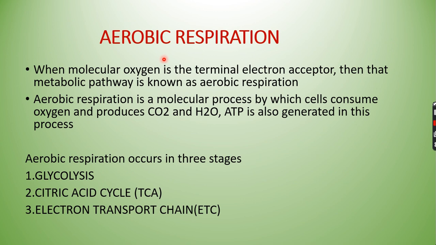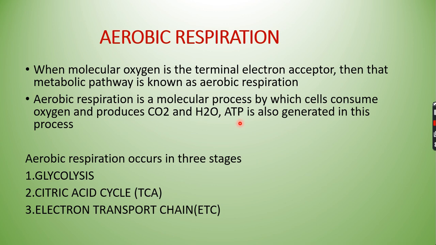As I told you, when molecular oxygen is the terminal electron acceptor, that metabolic pathway is known as aerobic respiration. This is a molecular process by which cells consume oxygen and produce carbon dioxide and water along with ATP.